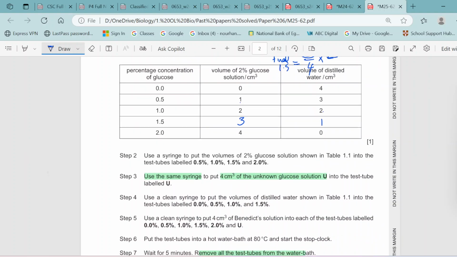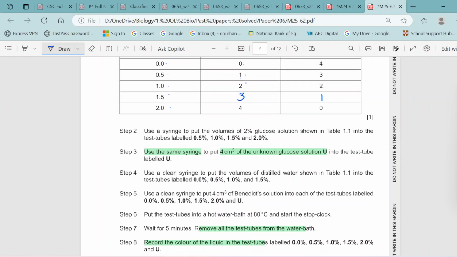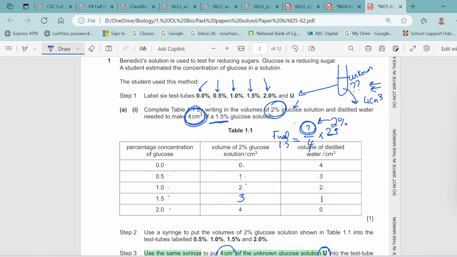Use a syringe to put the volumes of the glucose solution into the test tubes. Into these test tubes, I will put these volumes. Use the same syringe to put 4 cubic centimeter of the unknown in test tube U. I took 4 cubic centimeter from this unknown with the same syringe.